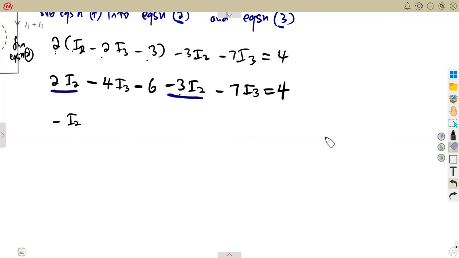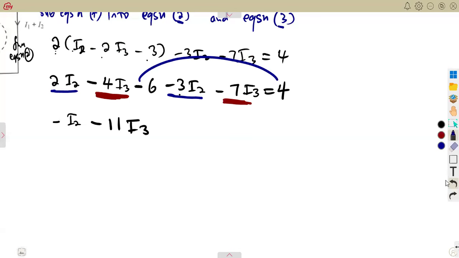That is what you obtain from there. Then consider I3. There is minus 4 I3 here and minus 7 I3. So minus 4 minus 7 is minus 11 I3. Then take the number to the other side. That will be a positive 6. So this is equal to 10.